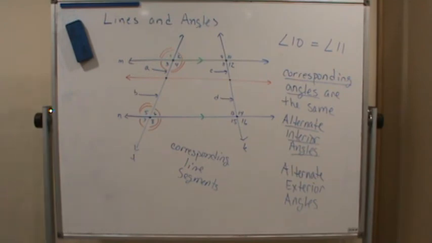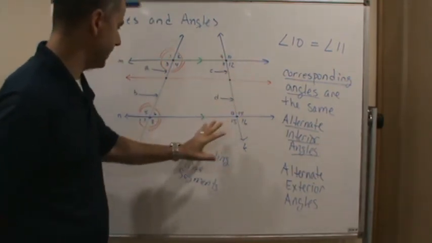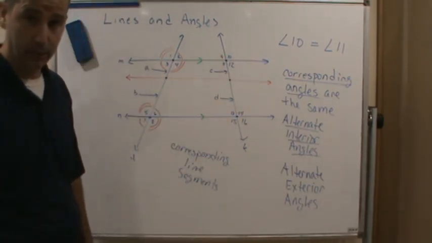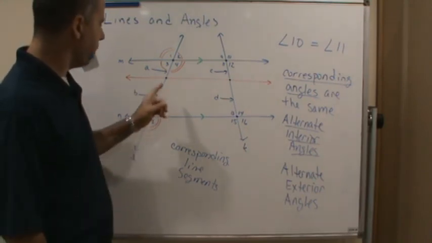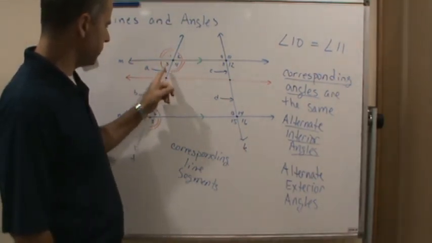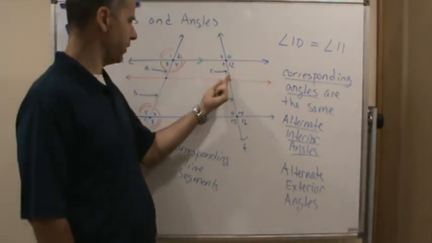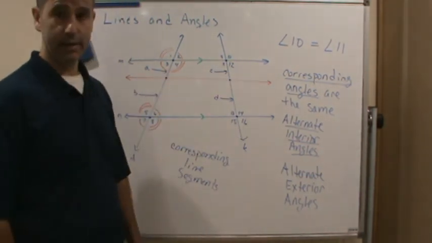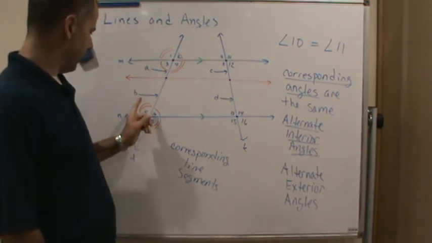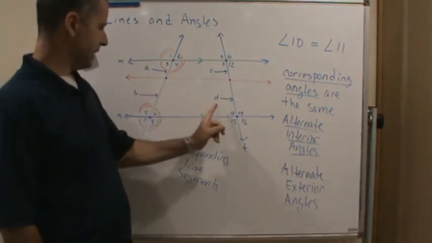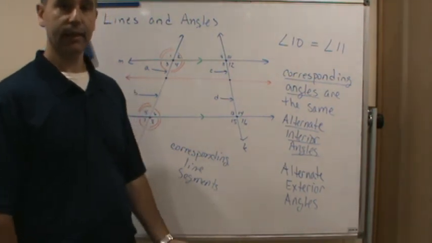Okay, so which line segments are corresponding? Well, this line segment is between these two parallel lines, and so is this line segment. So these would be corresponding line segments. And then also, B and D would be corresponding line segments.